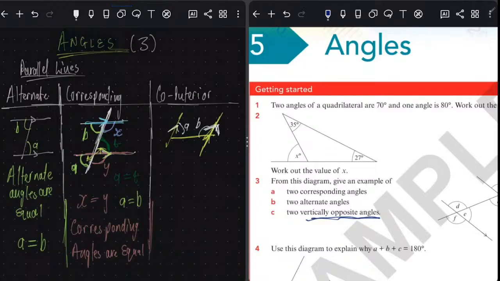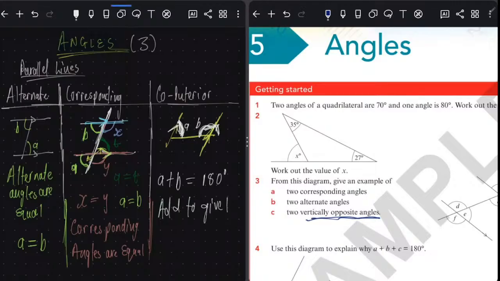They don't make a Z. They don't make an F. Because A is below and right next to the right, B is not on the same position. B is inside this other side. So it's not the same. But what do you know about them? They are both inside, so they add to give you what? 180. Co-interior angles are not equal, right? Do you remember this? Okay, they add to give 180.